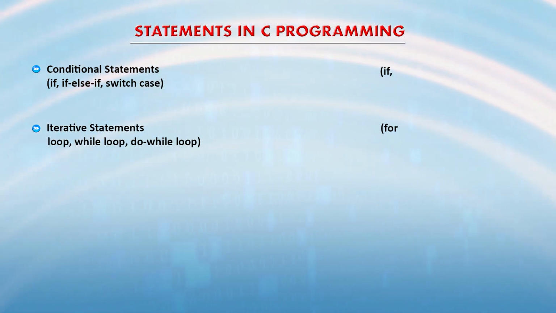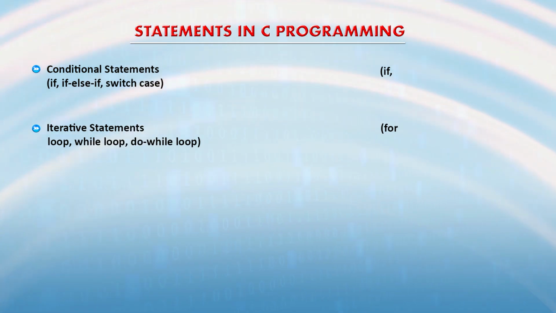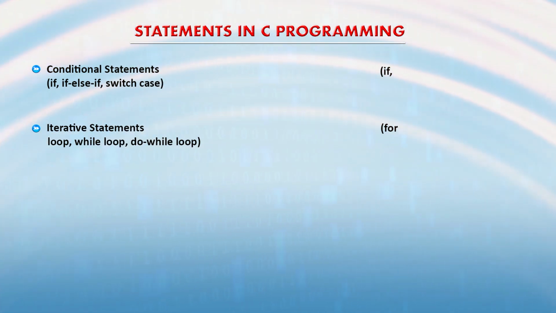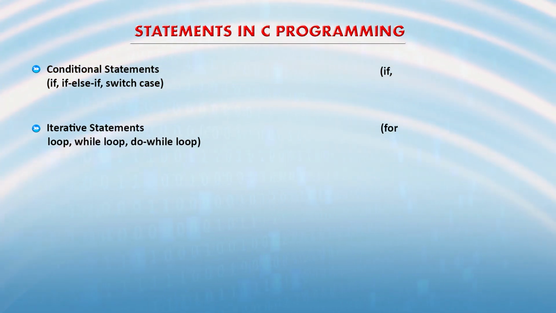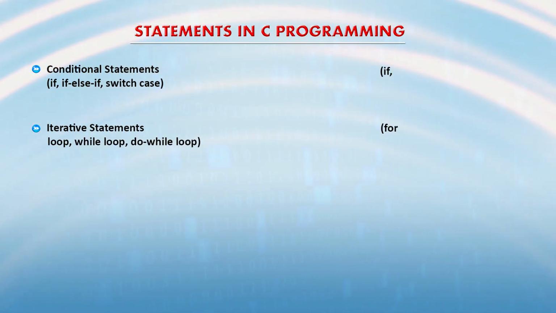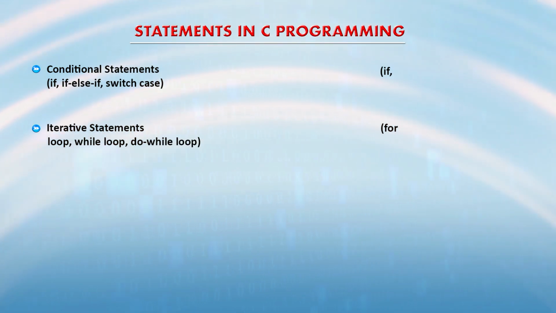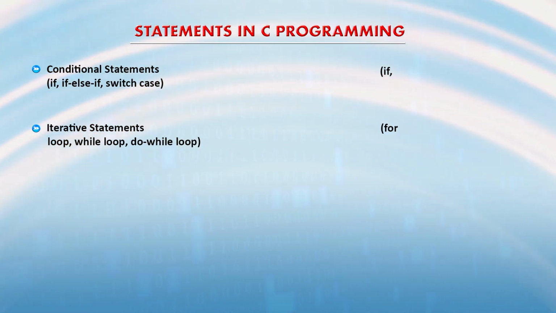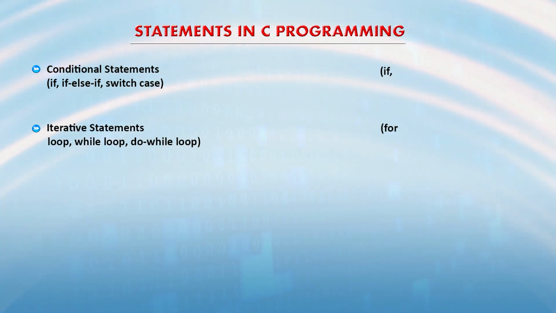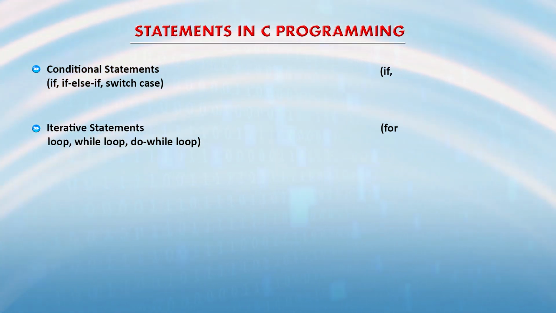The iterative statements are the looping constructs: for loops, while loops and do while loops. These three are the iterative statements, and they can be used together with the conditional statements, or conditional statements can be mixed with the iterative statements to represent different logics to solve a programming problem.